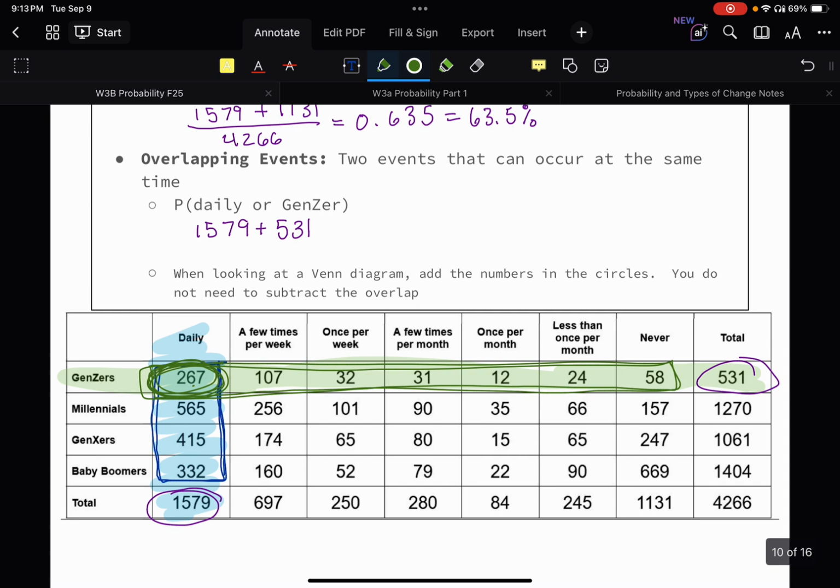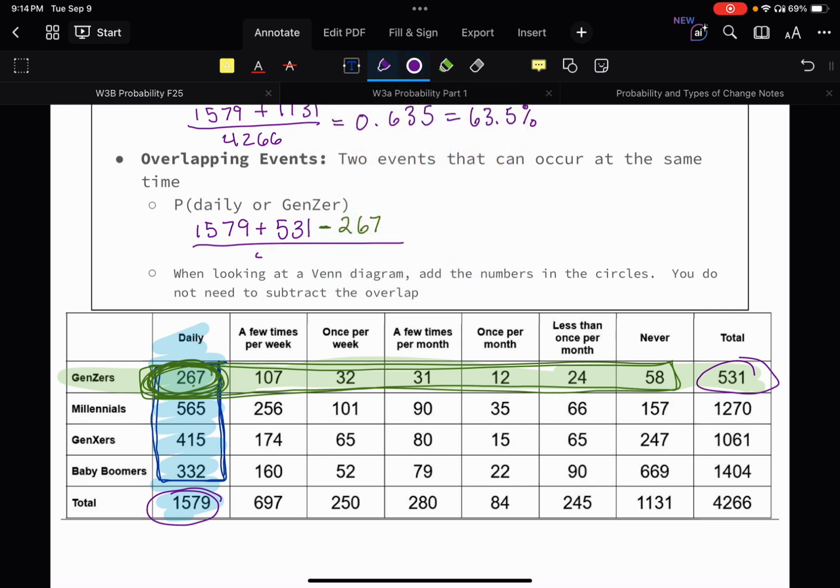So if I want to just add totals, I can do that, but I have to subtract out the overlap, because otherwise it got added twice. The reason I subtract the overlap is because it's in both of the separate totals, since overlapping events share that overlap value. And so we need to remove it because we don't want to double count it.